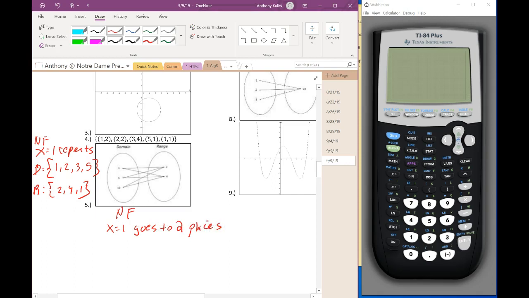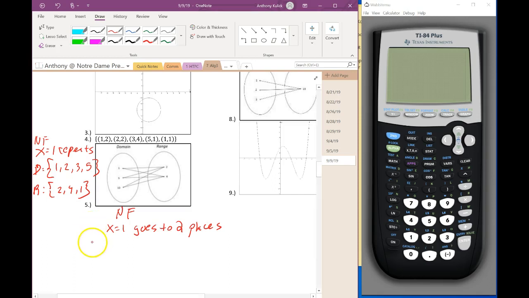So you could just say, for example, x equals 1 goes to 2 places, or has 2 y's. Again, does it matter that all of them go to more than 1 y? No, you just need one instance that happens for it to not be a function. So just pick one of them, even if there's multiple. I mean, you could list them all if you wanted to, but it doesn't make it more right.